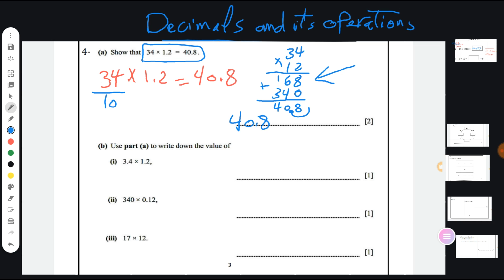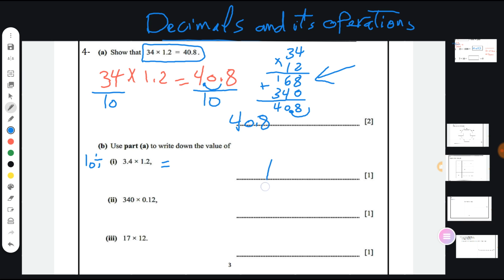To make the equation balanced, you must do in the right-hand side what you did in the left-hand side. So in the left-hand side, he divided by 10. So in the right-hand side, we must divide by 10 too. If we divide by 10, we will move the point one place.